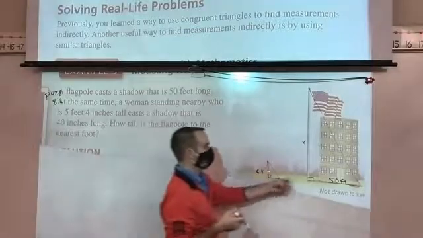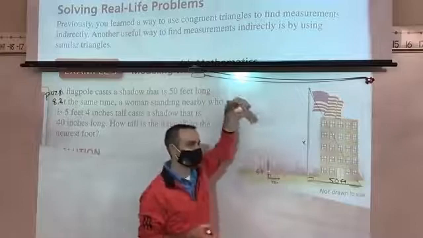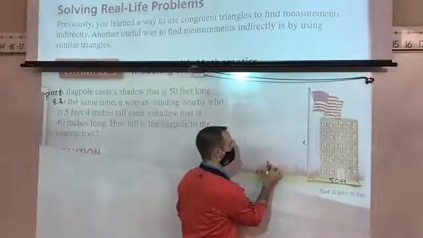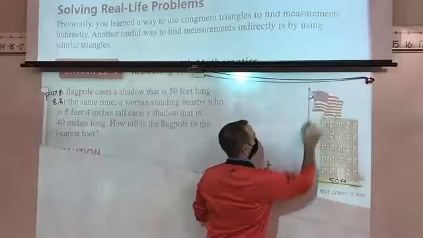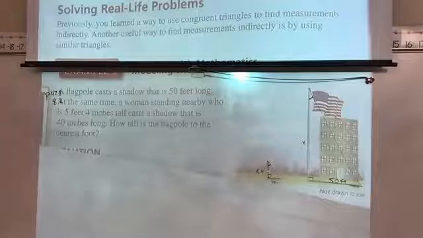We have right angles, and because the sun's rays always come down at the same angle at the same time, then we know that these angles are congruent. Right, so right there, what we know is angle similarity.